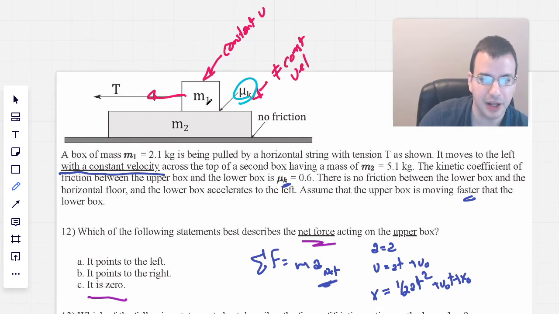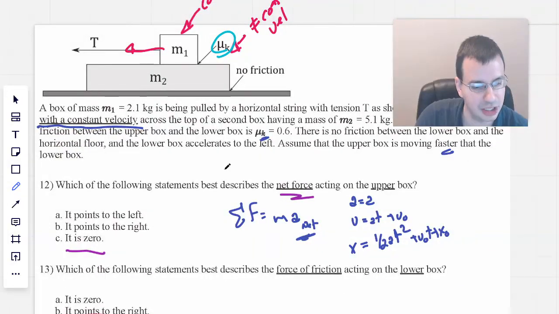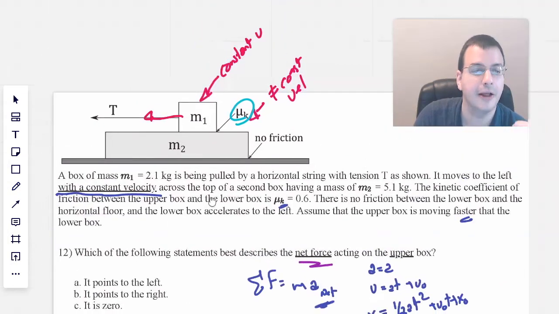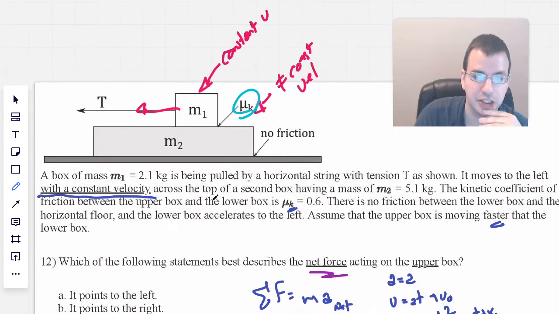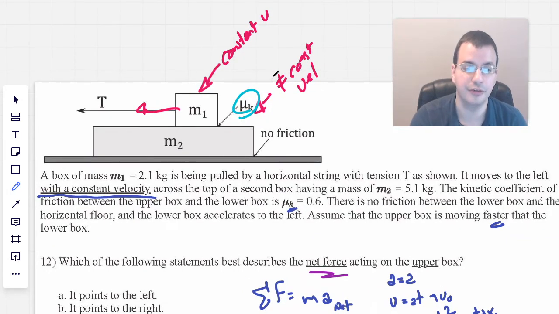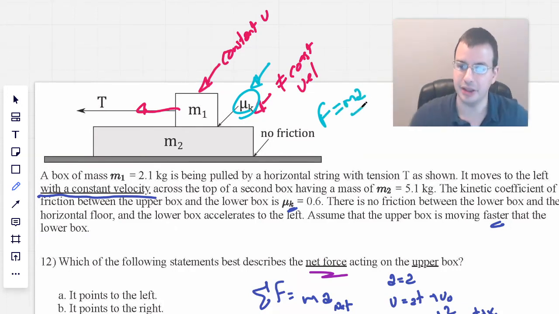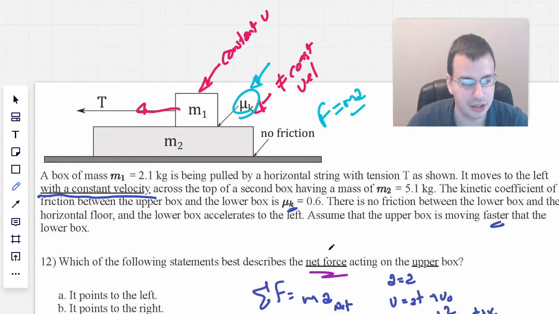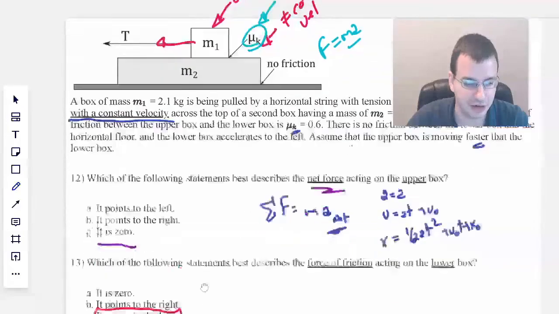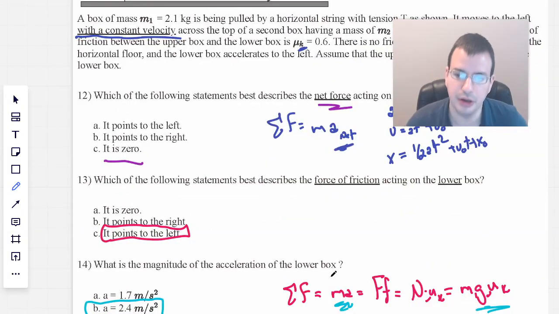We analyzed where the friction forces are and what they're doing, and then we were asked for the acceleration of the lower box. The acceleration is all due to the force of friction, and we know that force equals ma. Putting those two ideas together with some algebra, we got an answer of 2.4 meters per second squared.